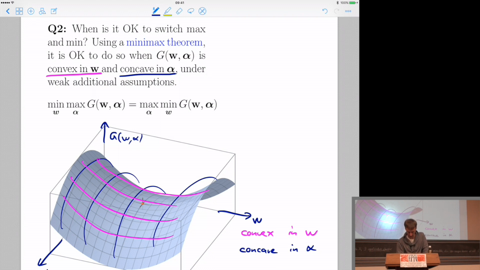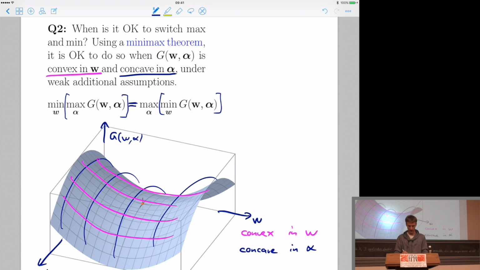By allowed, I mean then they are actually the same, right? To first do the inner maximization over alpha, and then over W, is the same as on the right side, where for fixed alpha, you first do this inner minimization over W. So that's going to be the same.